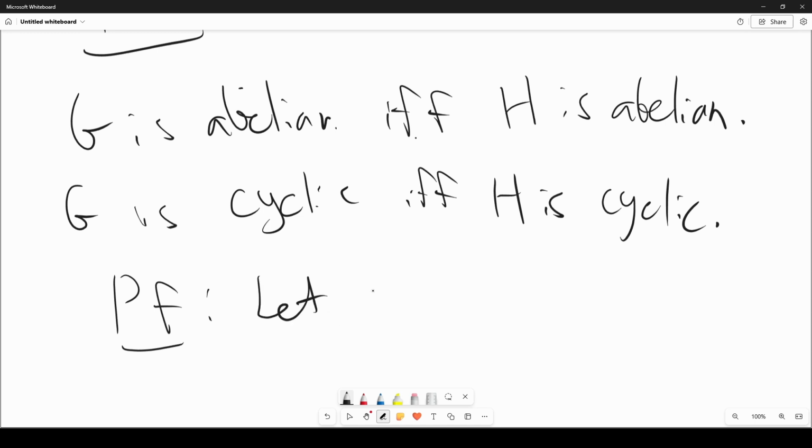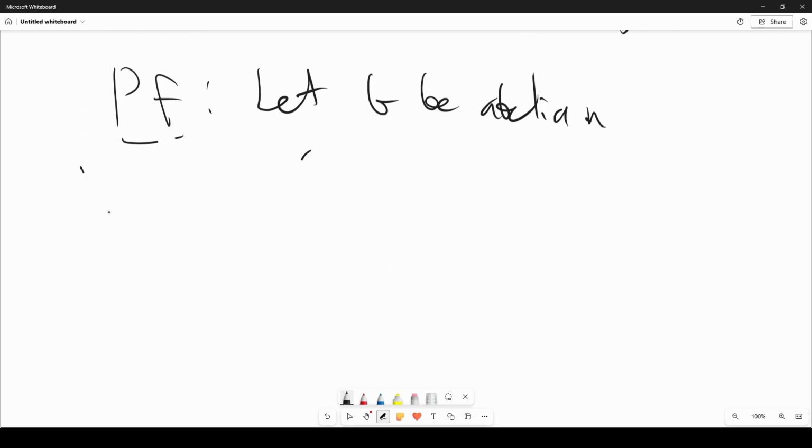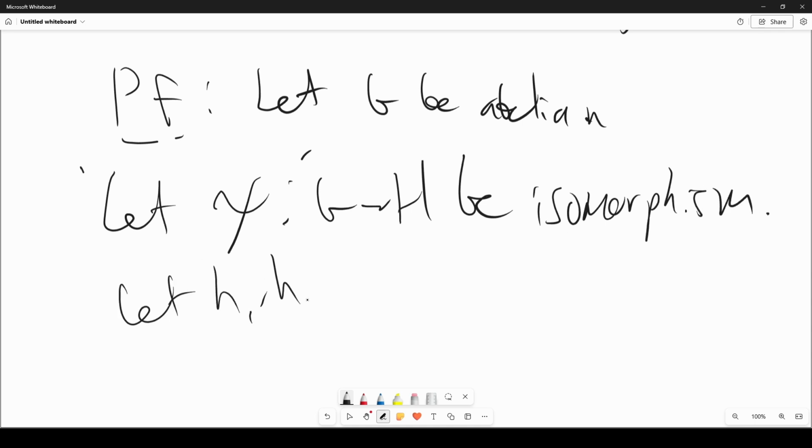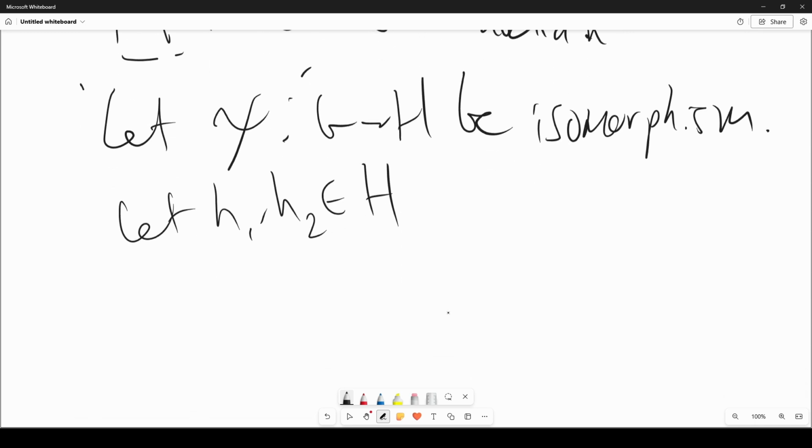Let G be abelian. Now let psi from G to H be an isomorphism. Let H1 and H2 be in H. Since we know G is abelian and we want to prove H is abelian, we're going to take two elements in H and show that they commute with each other.